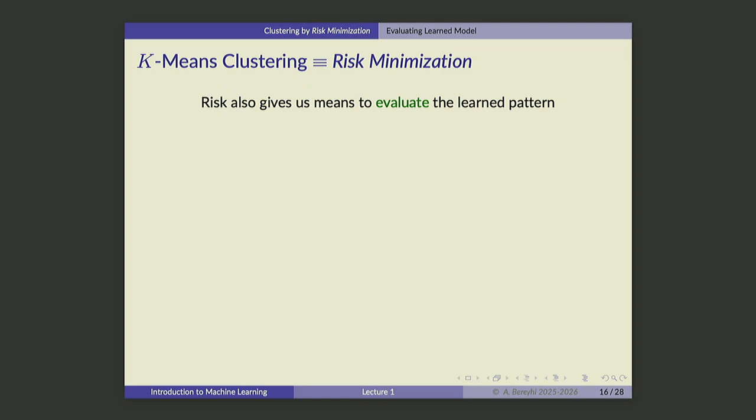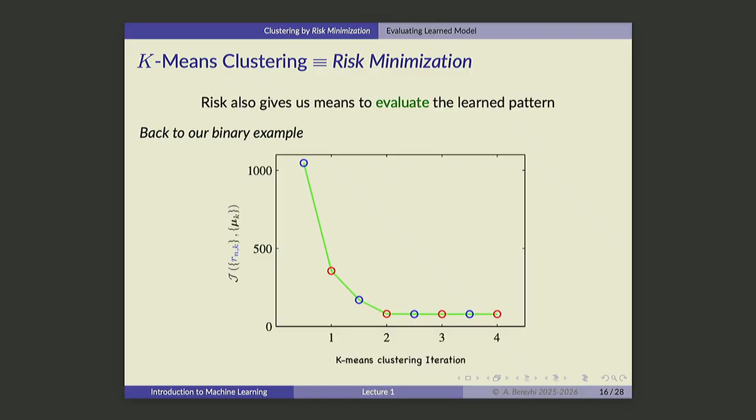And when you have risk, you can have some metric by which you can evaluate the performance of your trained model or learned pattern. For example, if you do k-means clustering, I told you that you can just keep alternating between the two algorithms until you converge, right? And this means that nothing is going to change.